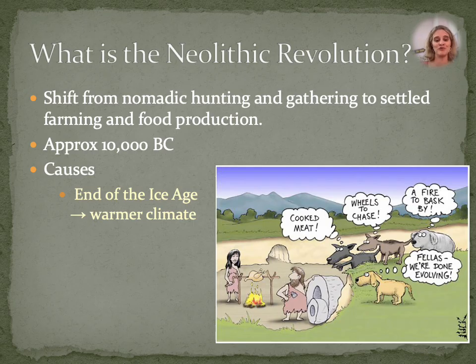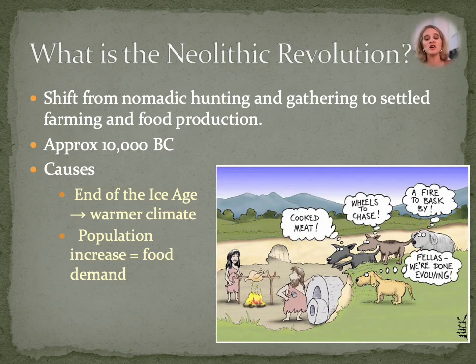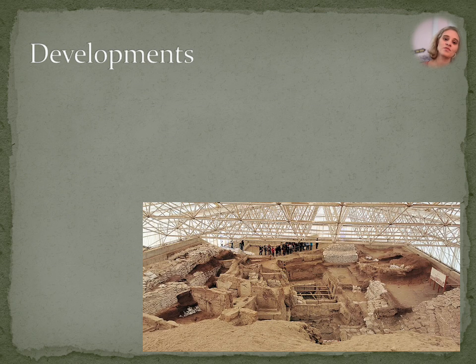You don't have to go searching for it. But there is also a population increase. As people start having more babies and the population gets bigger, that leads to an increase in food demand. And quite frankly, hunting and gathering isn't cutting it. They're not able to feed all of the people in their group. So we start seeing people settling down and producing food themselves, right?